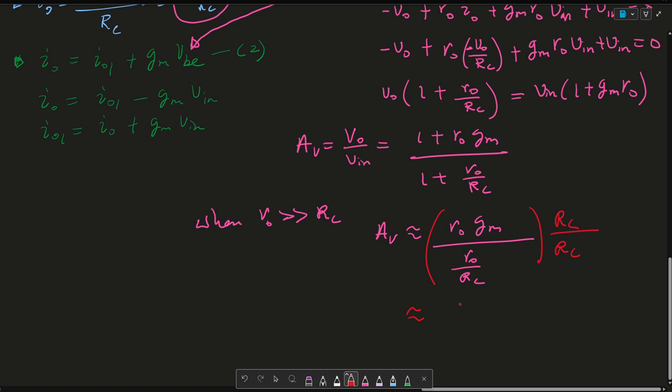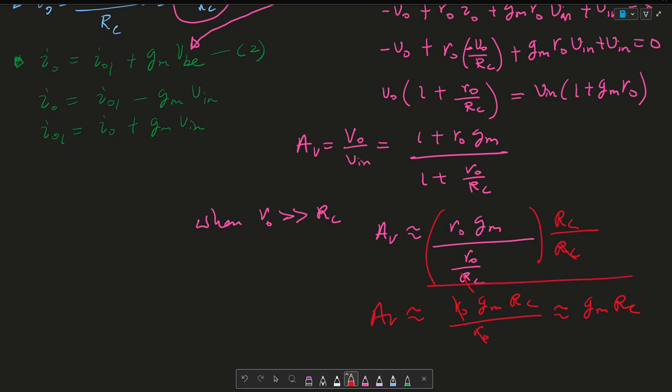This then is approximately RO GM RC over RO RC. As obviously the ROs cancel out, and this becomes just RO on the bottom because this cancels out with this. So then this is approximately GM RC is AV.